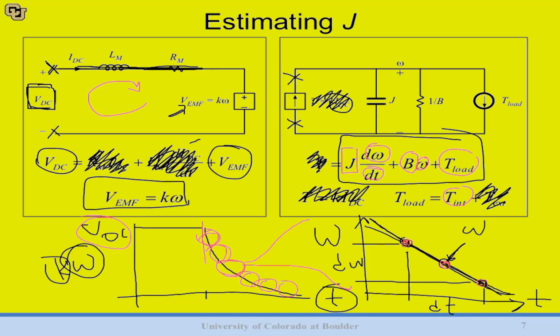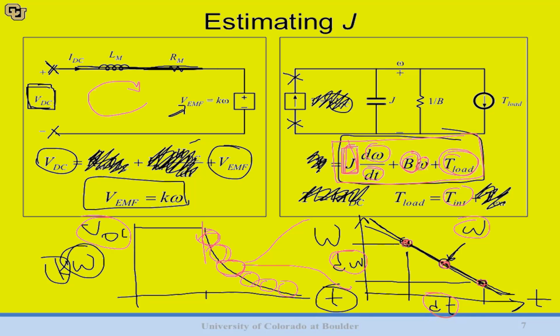From each of those we can find a dt, a d omega, and an omega. We can plug those into this equation along with the parameters we've already estimated, and we can use those to get an estimation for our J parameter. So do that a few more times, put it into an Excel spreadsheet, and you could get a pretty good estimation of J.